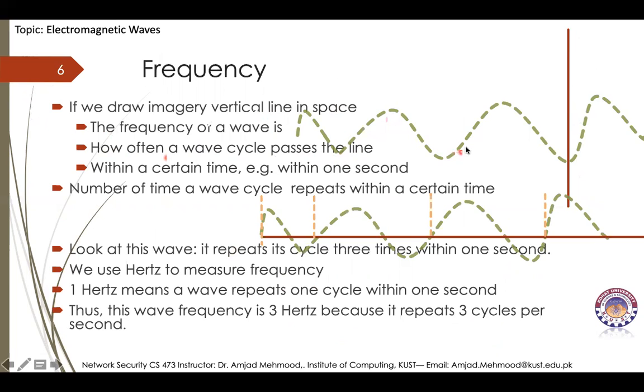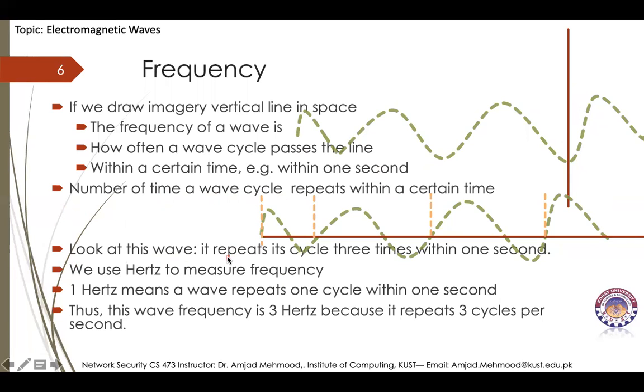If you consider this as a cycle, how many cycles pass through this vertical line in a certain period of time, within 1 second, we call this frequency. So it is the number of times a wave cycle repeats within a certain time.